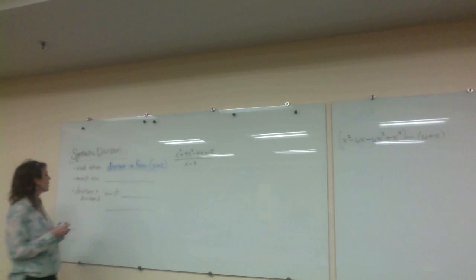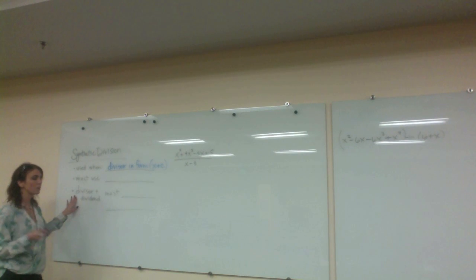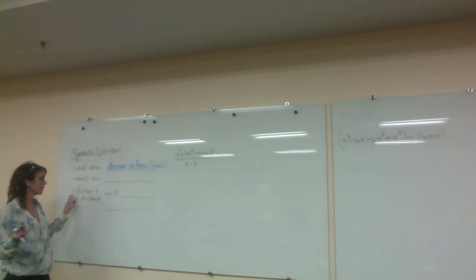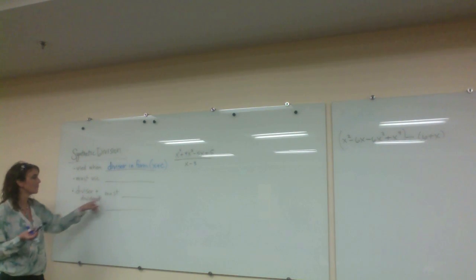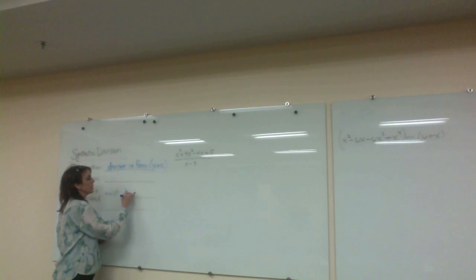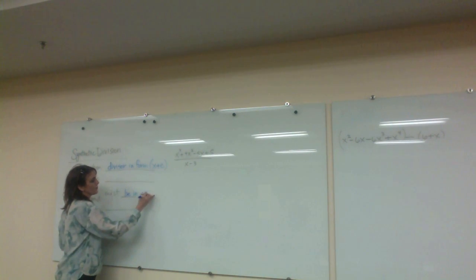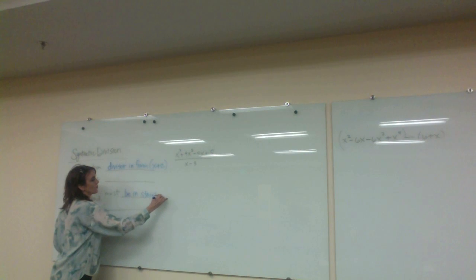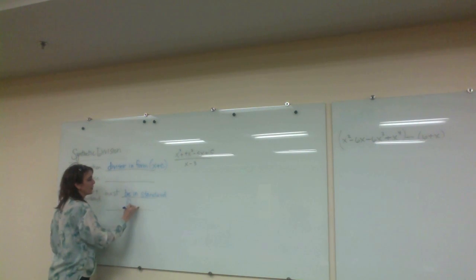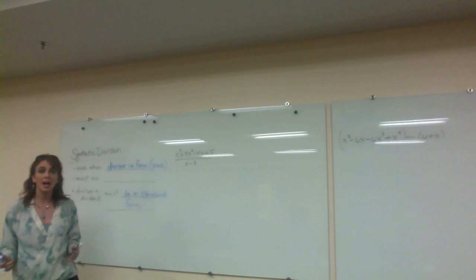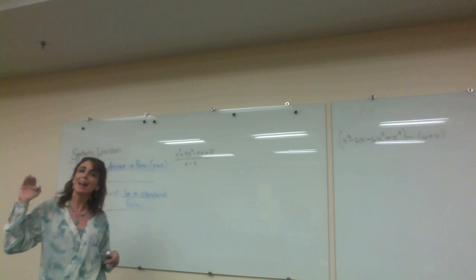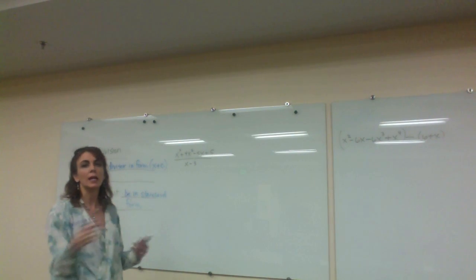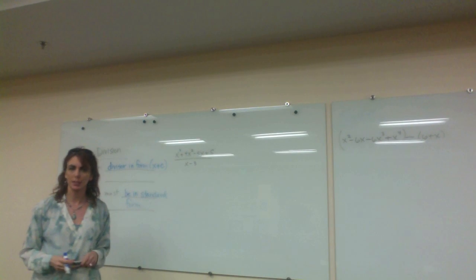Another thing that you want to know is before you start synthetic division, your divisor and your dividend must be in standard form. In other words, the terms have got to be in order from highest degree to lowest degree, and that constant term must be at the end.